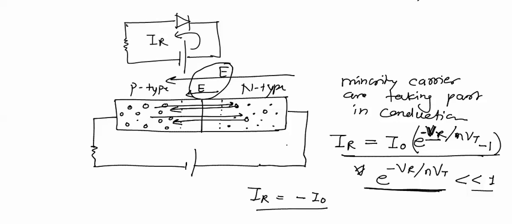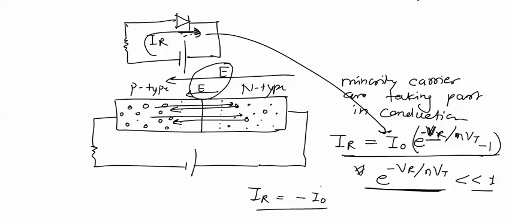If I show this direction of IR in this direction, then this equation for IR can be used, and according to this equation, the actual direction of IR is in opposite direction due to this negative sign, and this reverse current has magnitude I0.